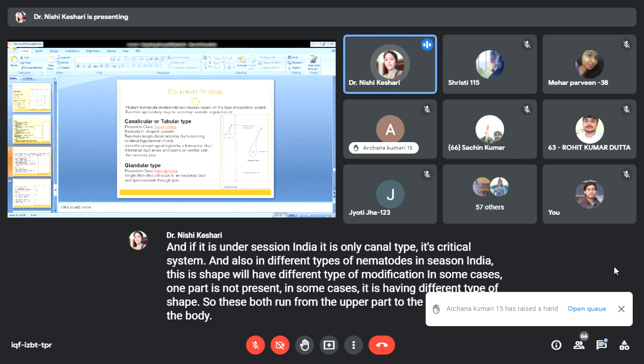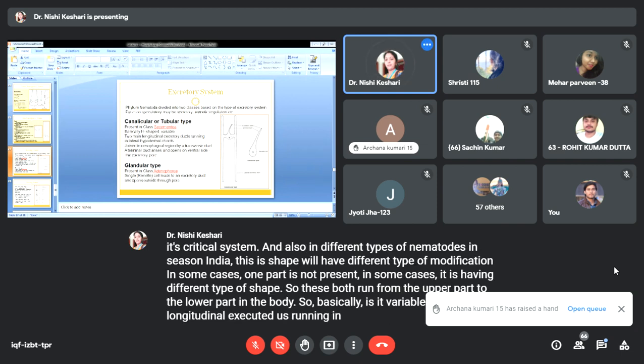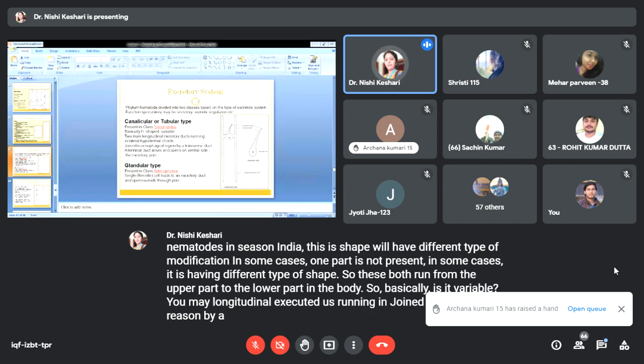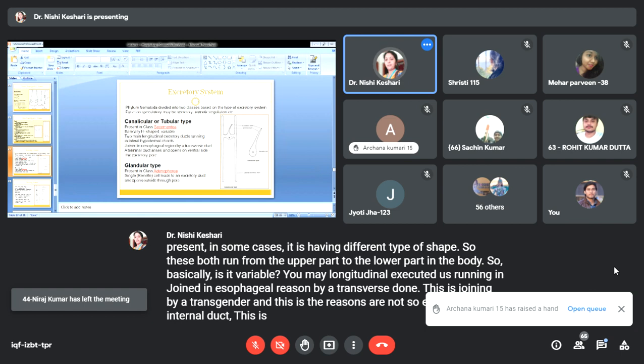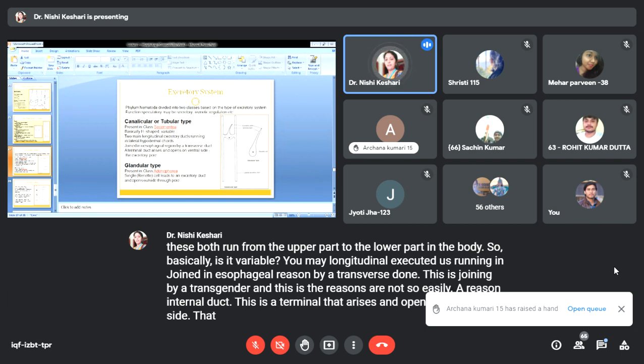Basically, it is just variable: two main longitudinal excretory ducts running in the lateral hypodermal parts, joined in the esophageal region by a transverse duct. A terminal duct arises and opens on the ventral side, that is called the excretory pore.